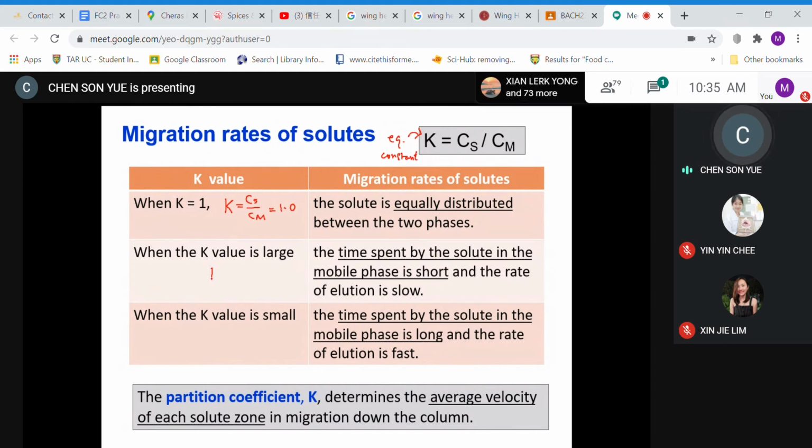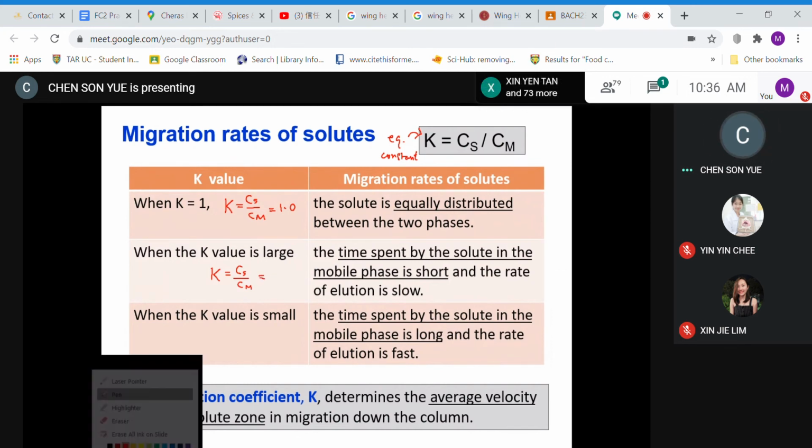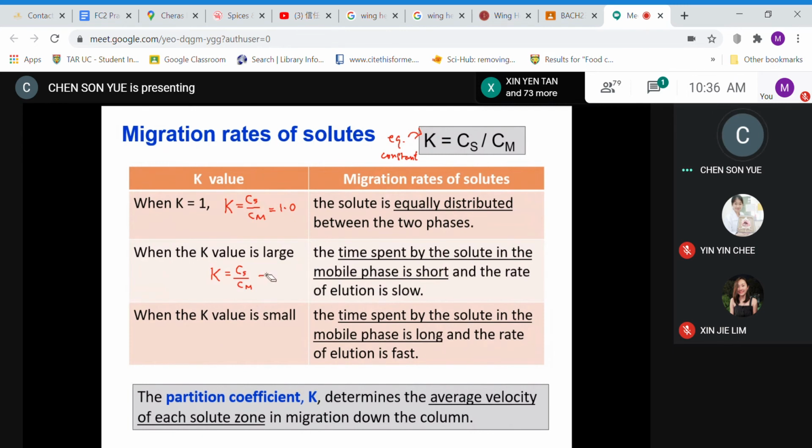If K is larger than 1, or I think I wrote more than 1, then what will happen? And if K is smaller than 1, then what will happen?